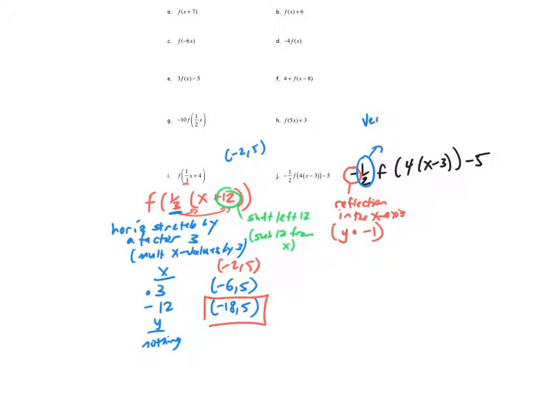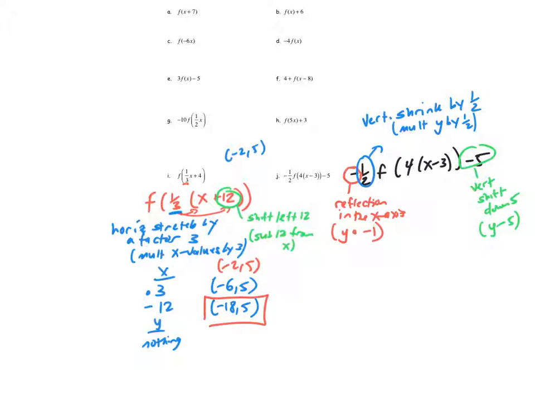So in terms of transformations, we would say this is a vertical shrink by 1/2. And the effect is we're going to multiply y by 1/2. The last thing outside the function is minus 5. This minus 5 on the outside of the function is a vertical shift down 5, which means we're going to subtract 5 from all our y values.